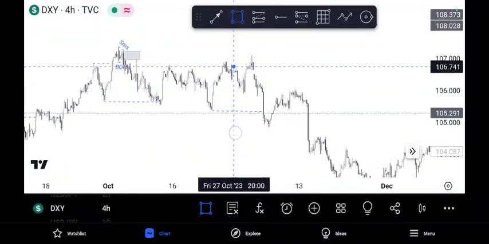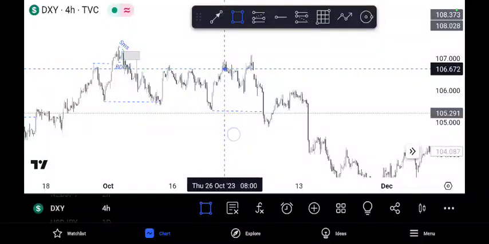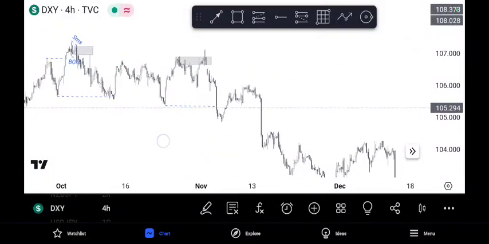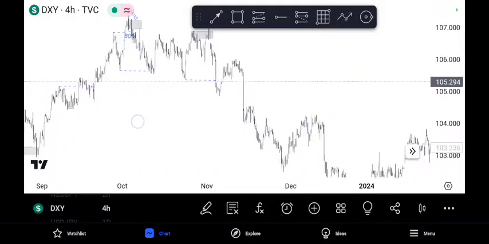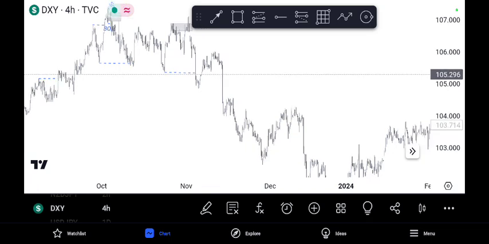What happened? Price sold. You see it? Here was your one-time entry. As time goes on, I'm going to teach you liquidity, turtle soup, and how to enter trades on liquidity and cover up with risk management.